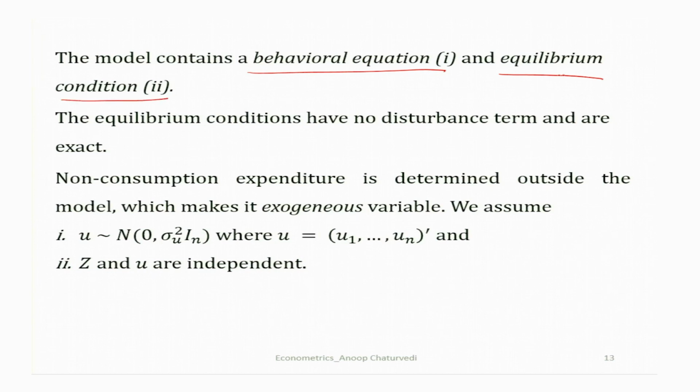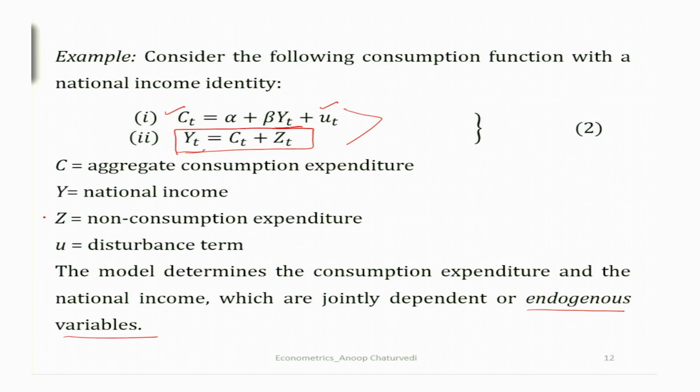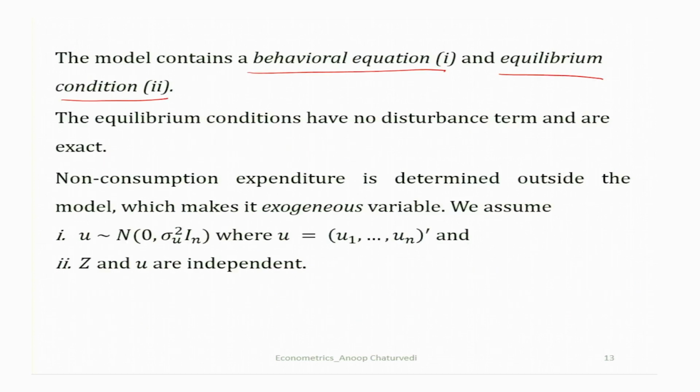This equilibrium condition has no disturbance term, and this second equation is exact. So, you do not have to estimate any parameter in the second equation. Further, this variable Z, which is non-consumption expenditure, is determined outside the model, which makes it an exogenous variable.